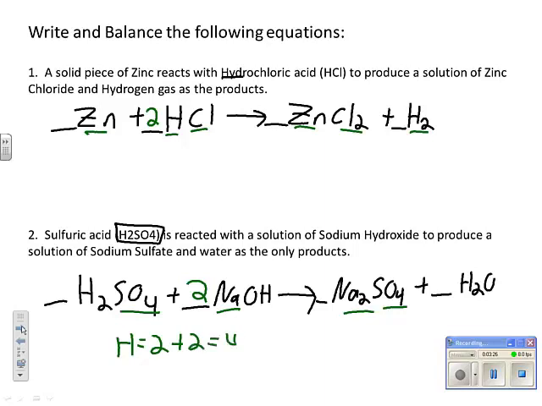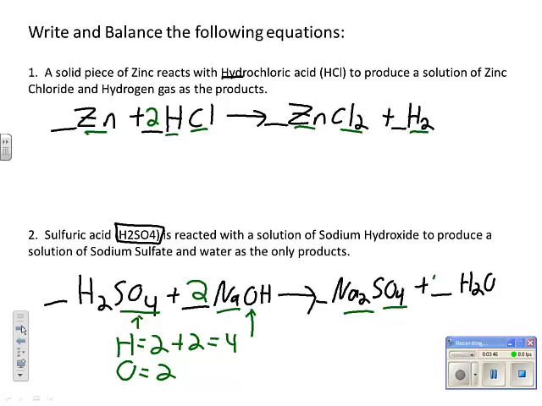So we need 4 hydrogens on that side. And now with the oxygens, we have 2. Don't count this oxygen because it's with a polyatomic. So it's already been balanced with a polyatomic, but this oxygen right here is unaccounted for. That's why we're only saying 2 oxygens. So we need 4 hydrogens and 2 oxygens.